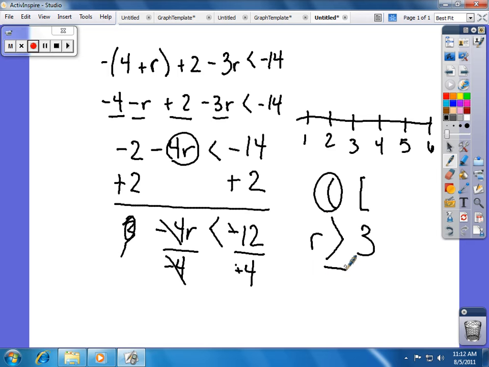If there is a line under it, you would use the closed bracket. And since the original problem does not have that line there, we're going to use our open bracket. And then, since r must be greater than 3, open bracket at 3, and everything to the right.